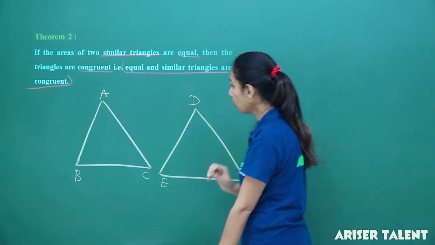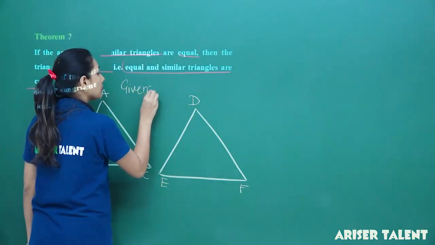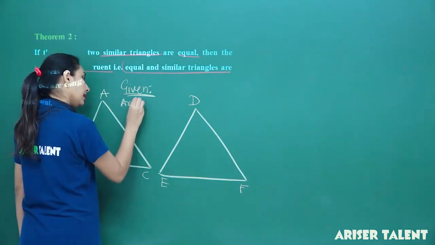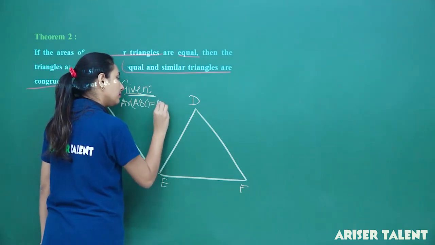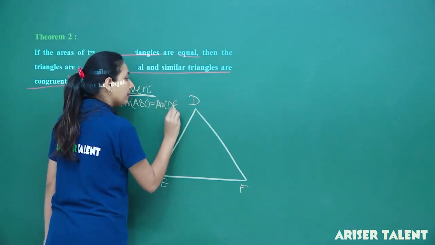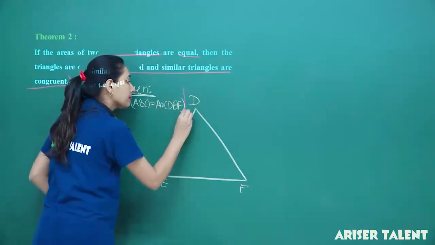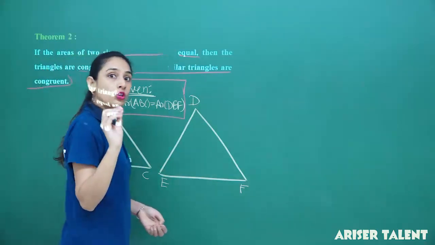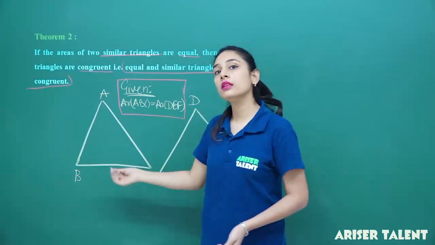Okay. So, given is what? Area ABC is equal to area DEF, right students? Okay. Now students, I have told you that we will use the previous result in this theorem.